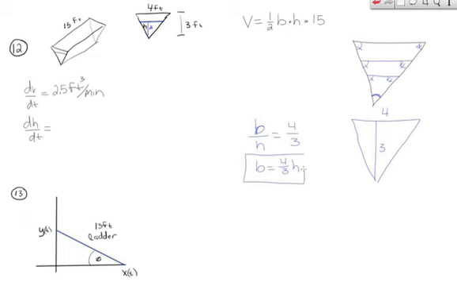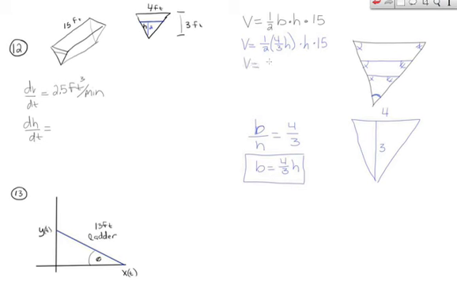And now, when I plug in 4/3 of height in for base, all I've got is height and volume in my equation. So volume equals 1/2 base, which is 4/3 height, times 15.